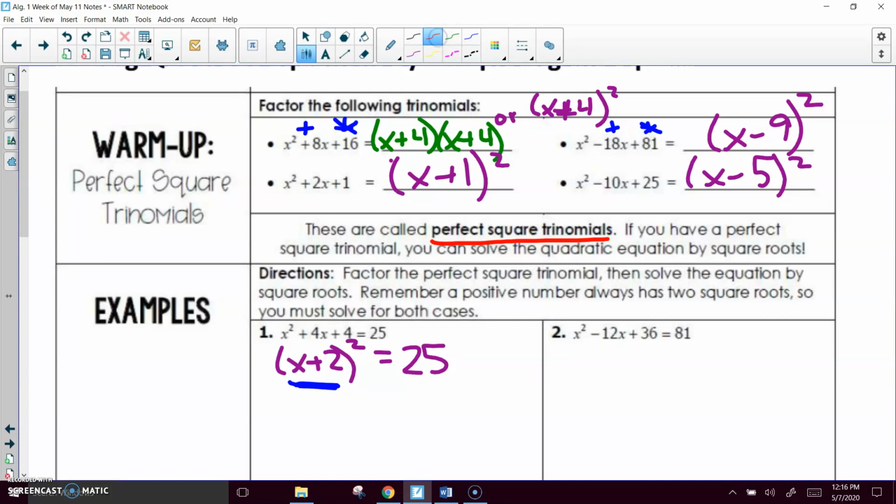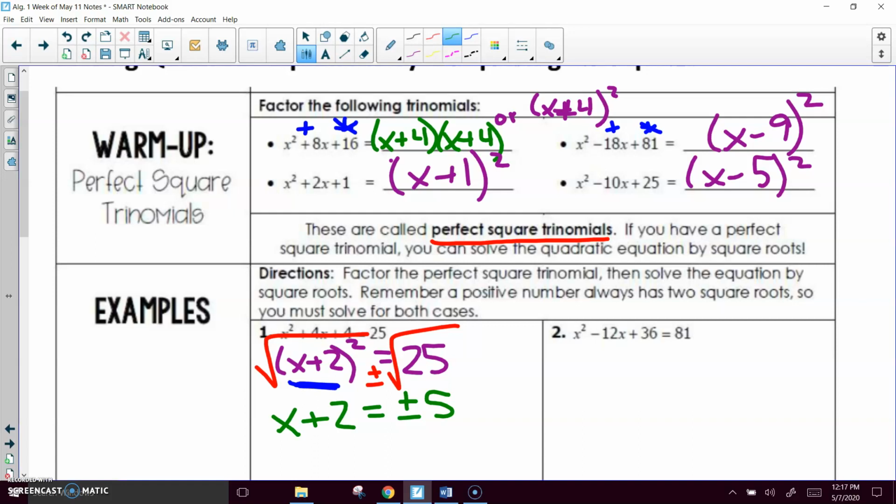So I square root both sides, making sure to remember the positive and the negative. So on the left-hand side, the square root and the squared cancel each other out. So I'm left with x plus 2 equals positive and negative the square root of 25, which is 5.